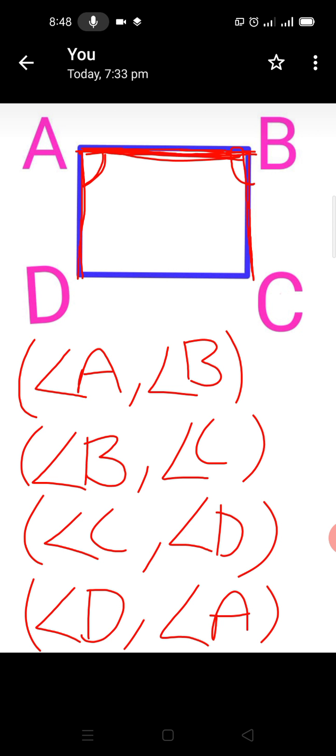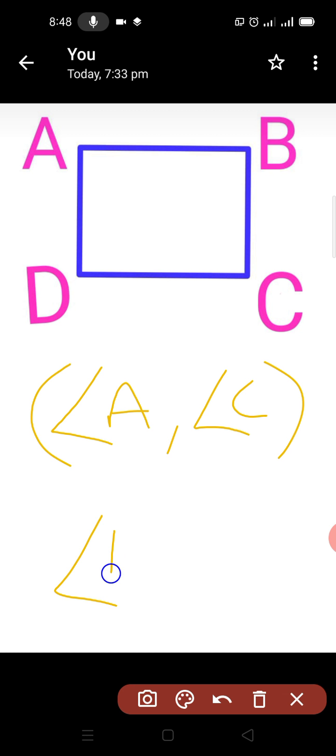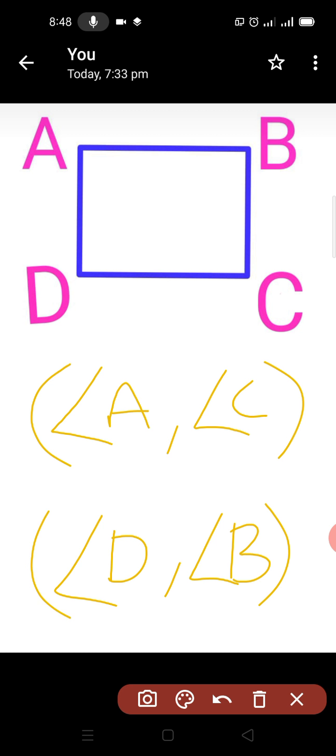Now what are the opposite angles here in the given figure? Here the opposite angles are angle A and angle C. This is one pair and angle D, angle B, second pair. So the angles of a quadrilateral which are not adjacent, which are not having a common side, are known as opposite angles.